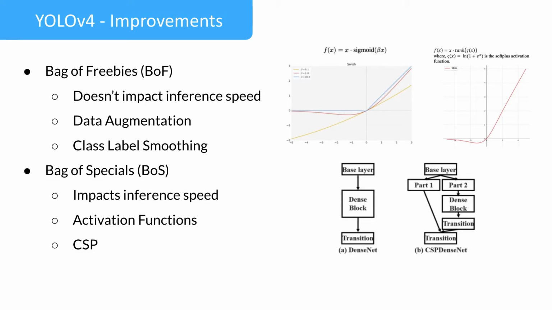And another thing the authors have implemented in the bag of specials is CSP, which stands for cross-stage partial connections, which is a new CNN backbone. This backbone reduces heavy inference computation by integrating feature maps from the beginning to the end of the network, resulting in reducing computation by over 20%.